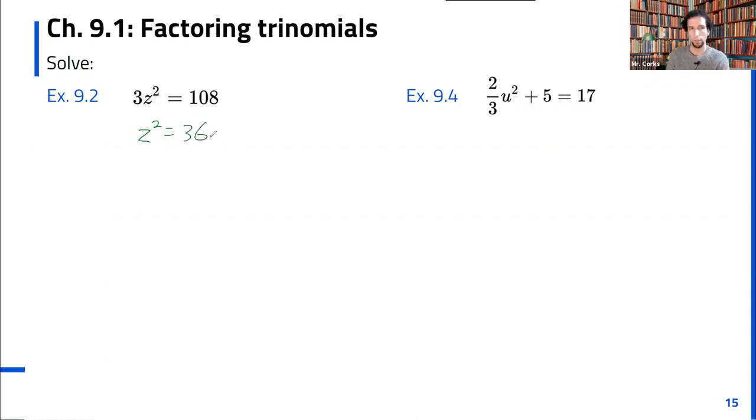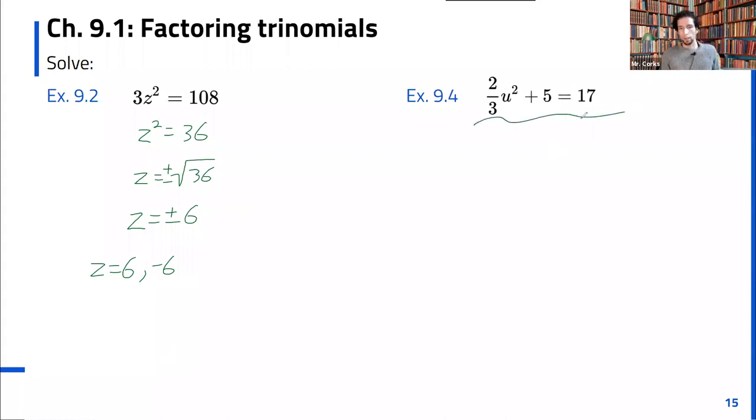So 36, 72, 108. That looks okay. And then take the square root of both sides, plus minus square root 36. 36 is a clean square, so plus minus 6. So z is equal to 6 or negative 6. All right, still not so complicated. Let's try this one here on the right.